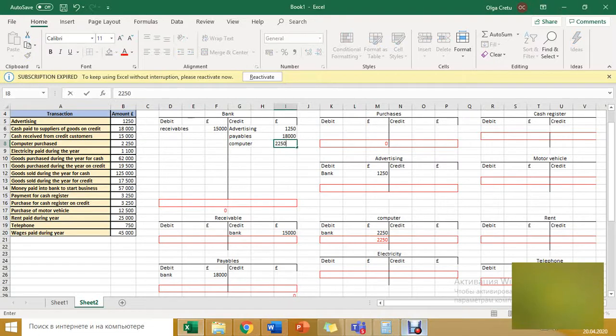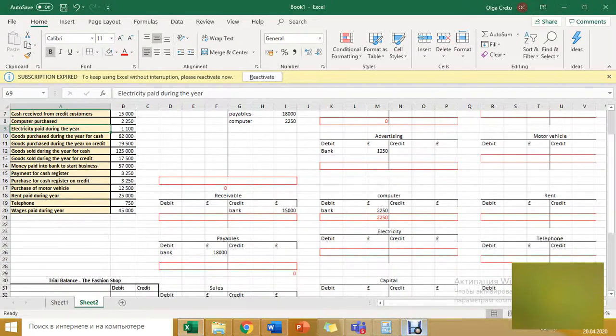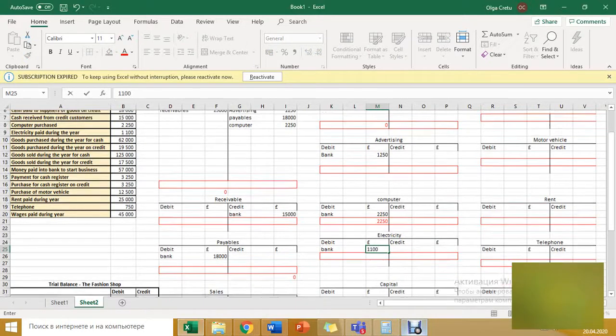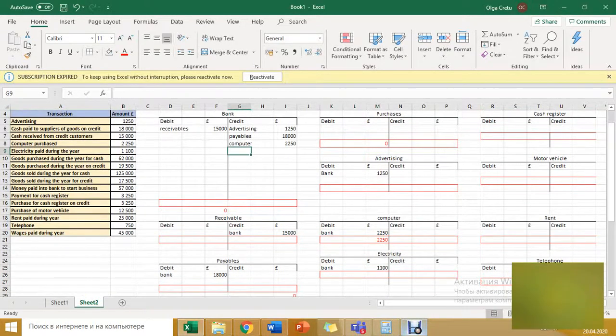And then we said that the company paid electricity during the year, 1,100, and we have the electricity here. So obviously it's an expense, so we have 1,100 here under electricity.